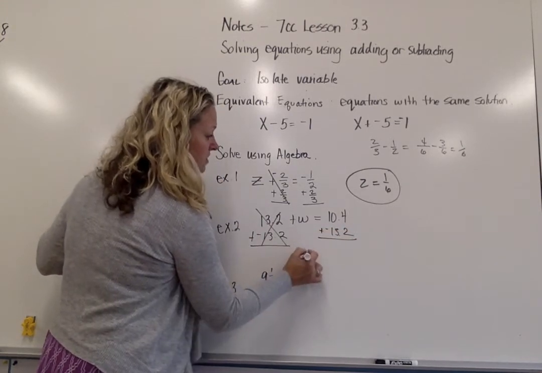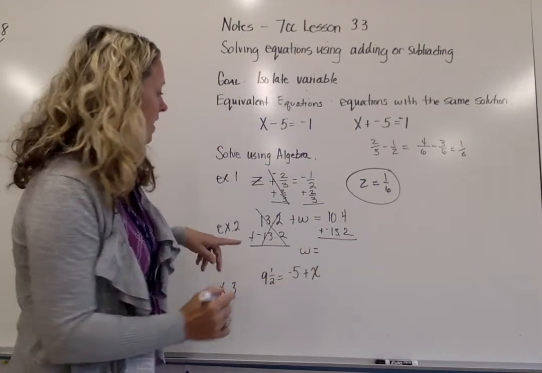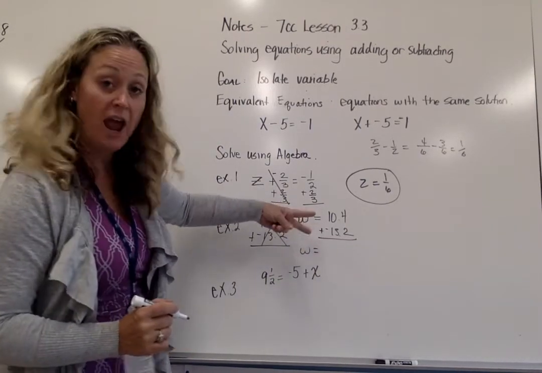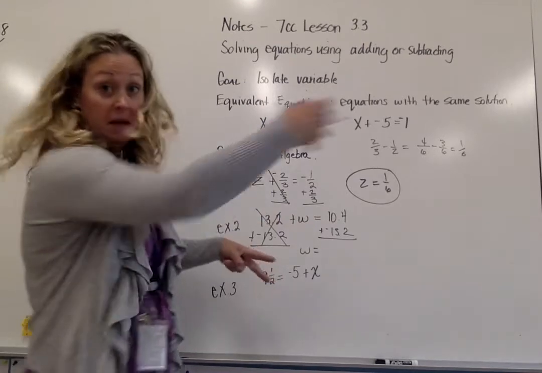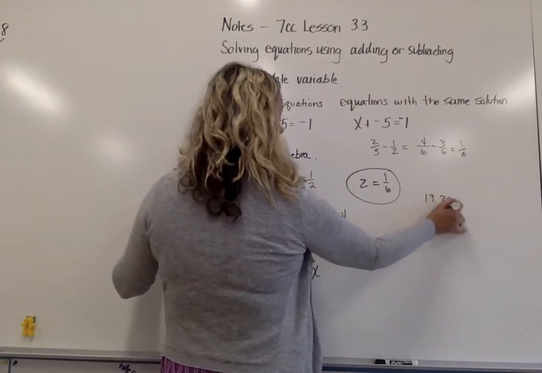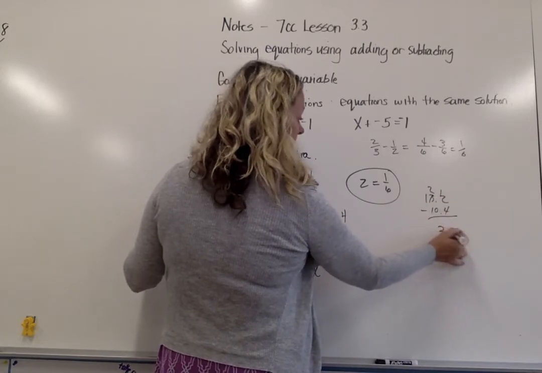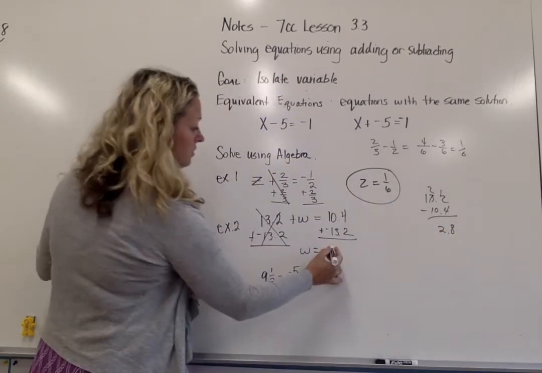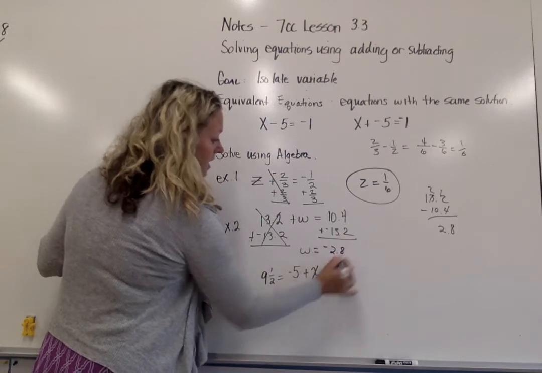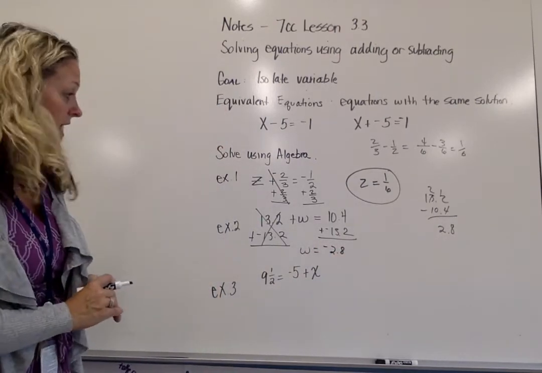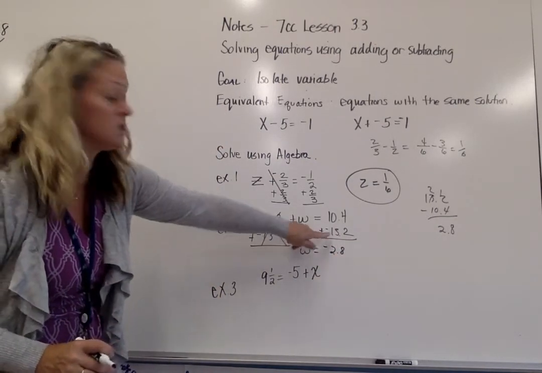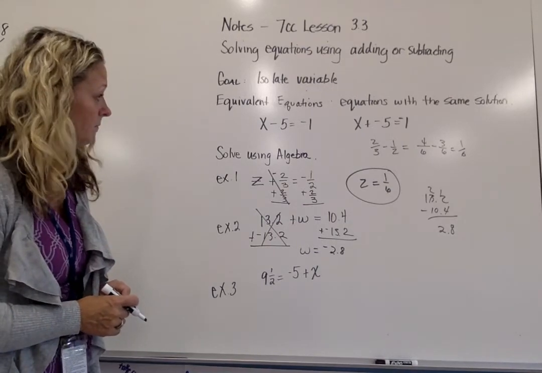So now I'm just left with w on this side, and now I'm subtracting because I have one positive, one negative. I may need to doodle to the side, 13.2 minus 10.4. Some of you may need to go through these steps all by yourself, or some you can do in your head. I end up with w equals negative 2.8. I know my answer is negative because the larger value is negative.